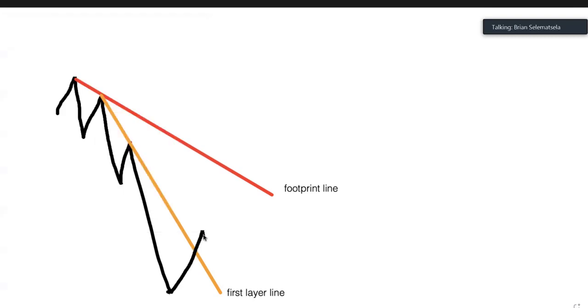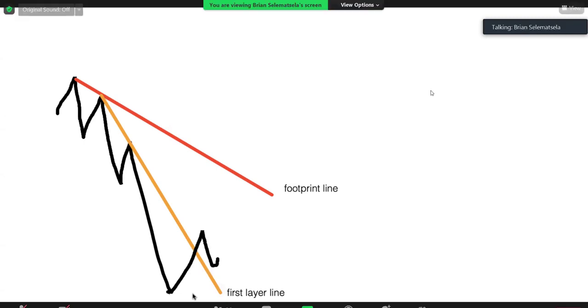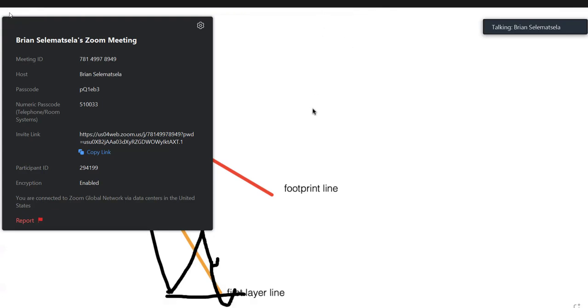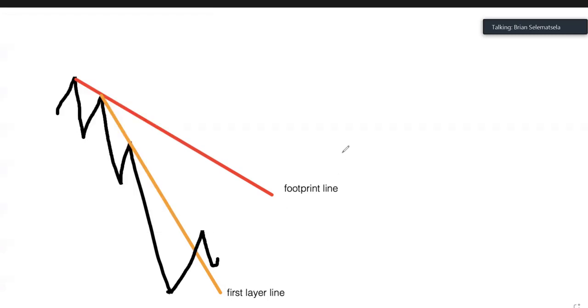And after that, we want the retest, but the retest must not be lower than the previous point, if we are buying. Why is that? Because at the end of the day, we want to be able to draw a footprint in the opposite direction, to buy in the opposite direction.